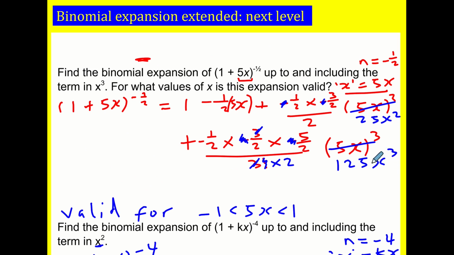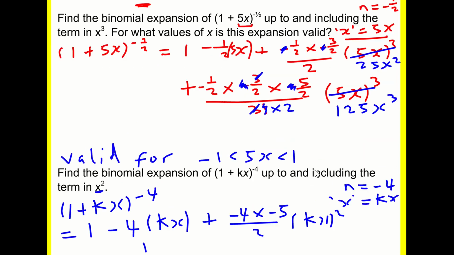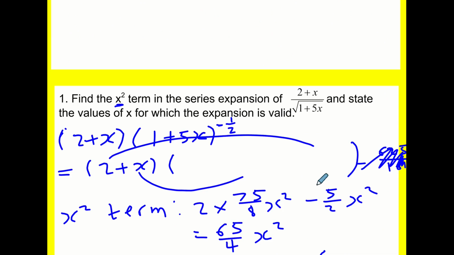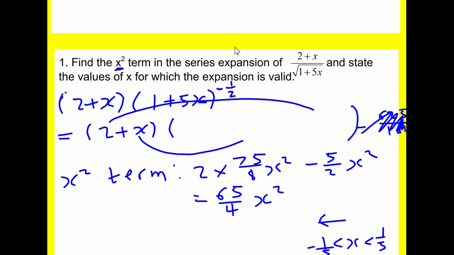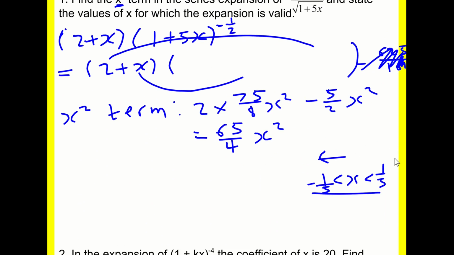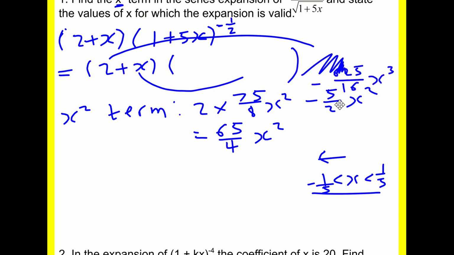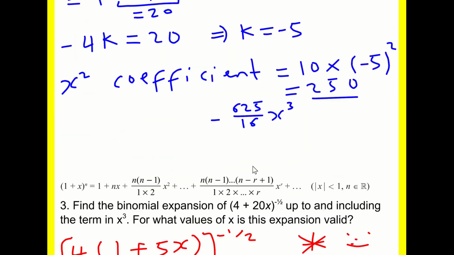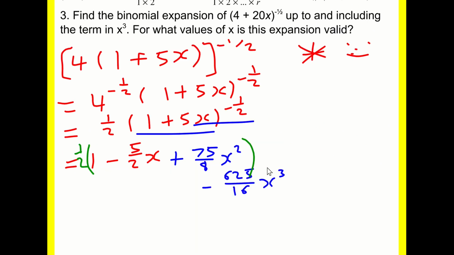I crossed it out. Here it is. Got it back. Okay, so that should also be in the bracket because we're looking for up to x cubed.